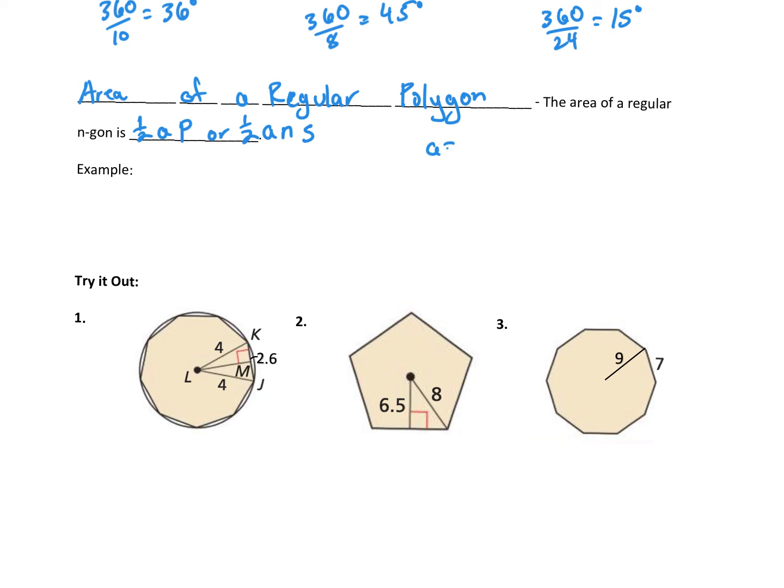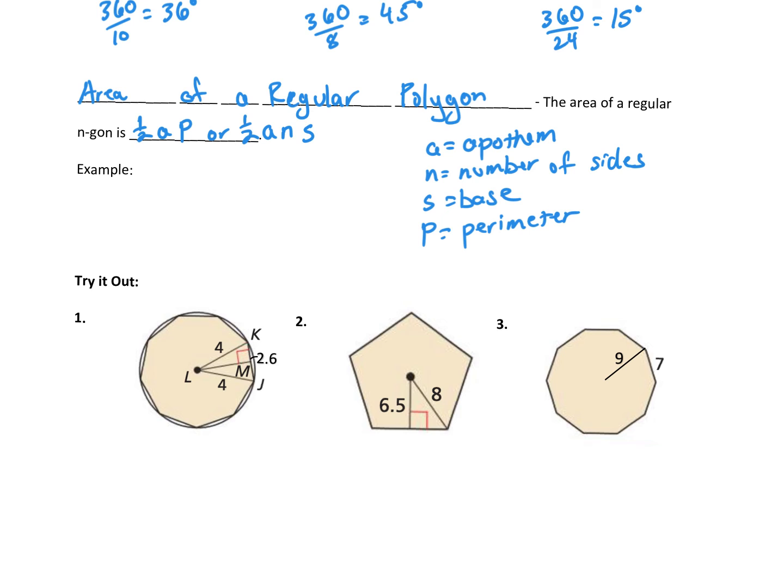So A is the apothem, N is number of sides, S is the distance of the base, and then P is perimeter.